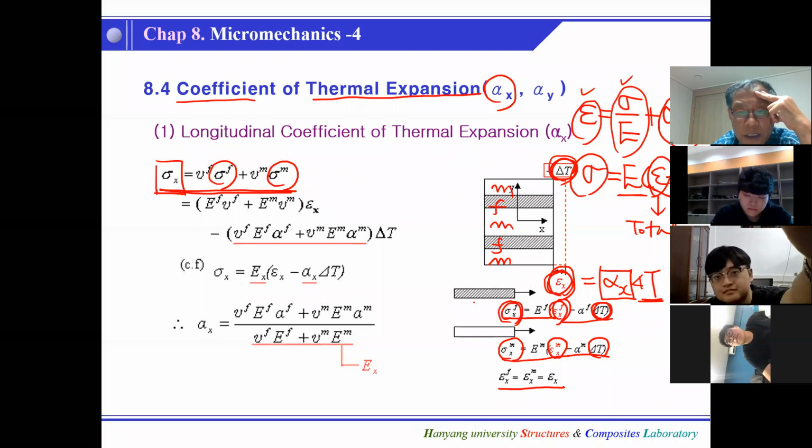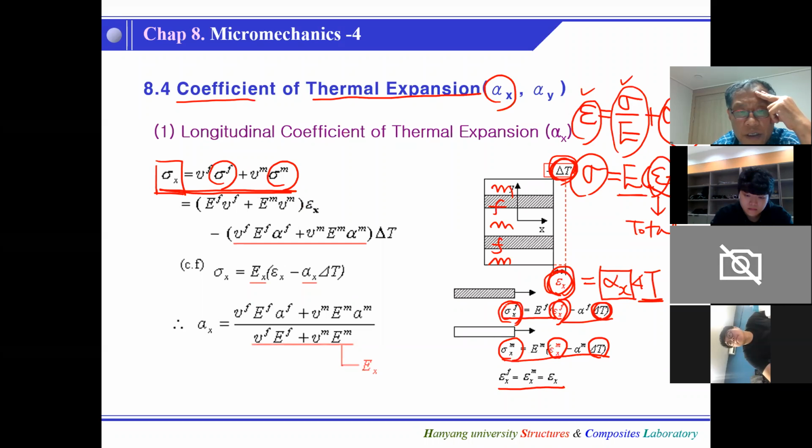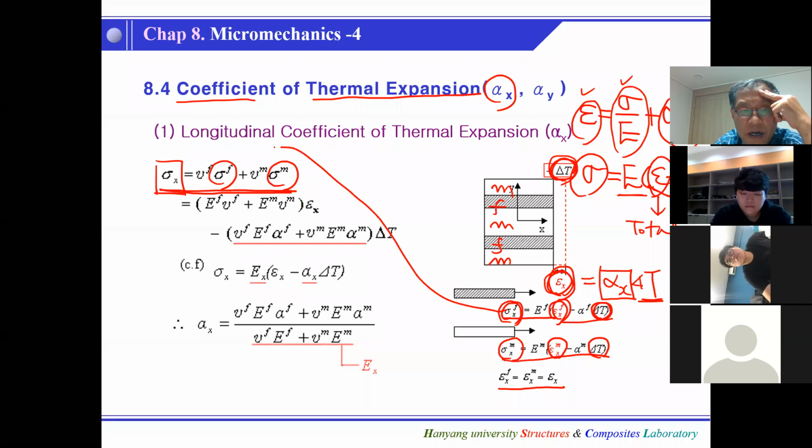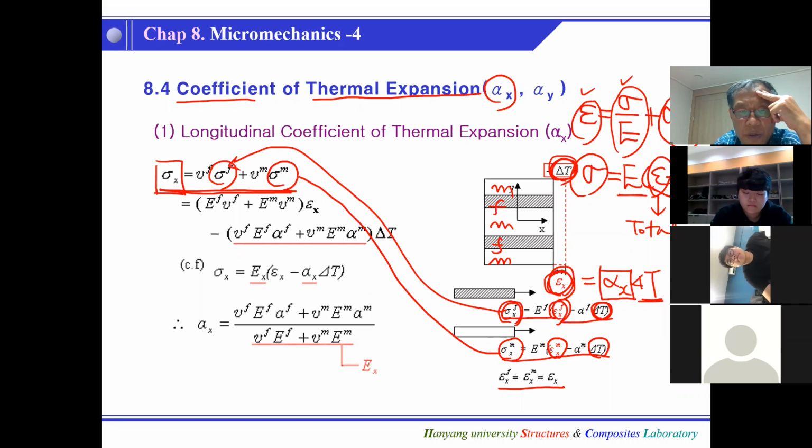Now using these equations, sigma f will go here, sigma m will go here, and we also have this condition that the strain in every direction will be the same. So this will go here and here.